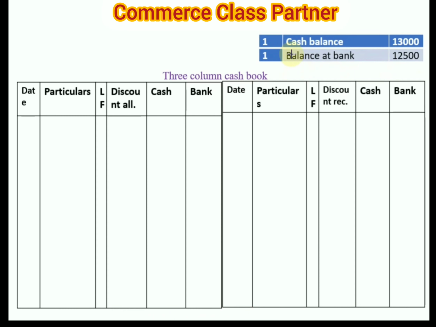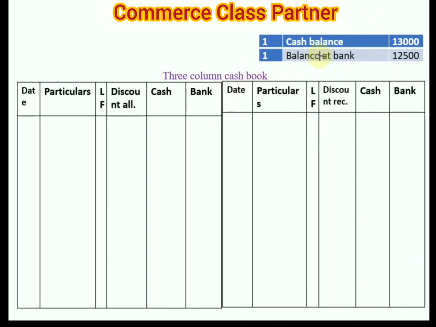So we should take the balances into consideration: the cash account has a debit balance only, but the bank account may have either a debit balance or a credit balance. A bank account with a debit balance means we have a deposit balance. A bank account with a credit balance means it is a case of overdraft.